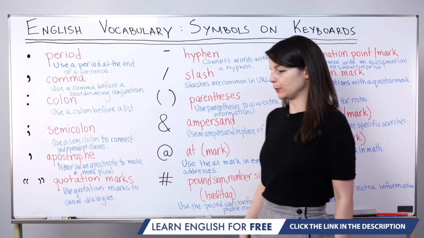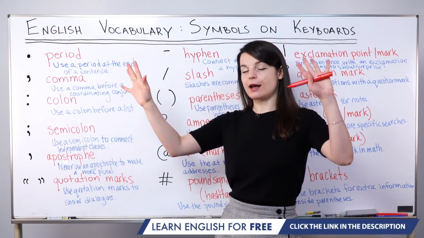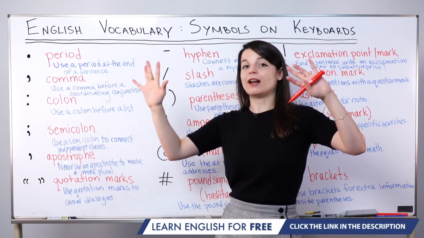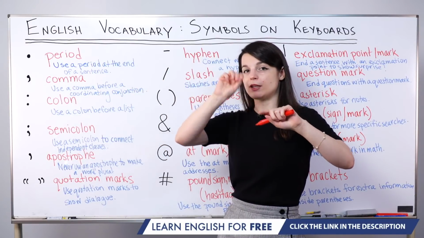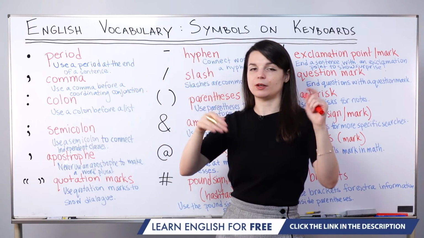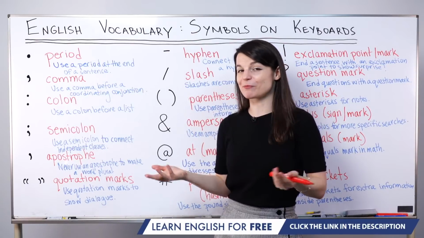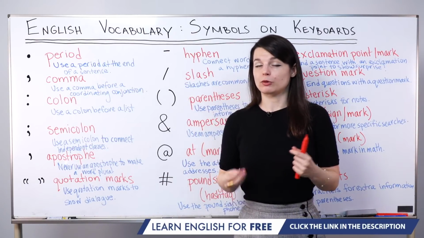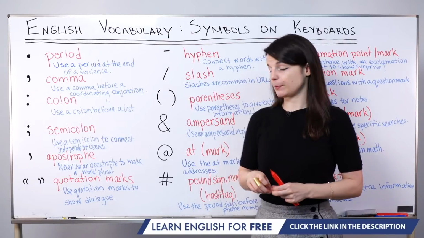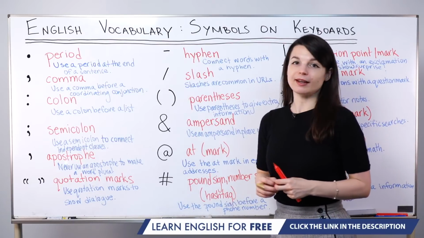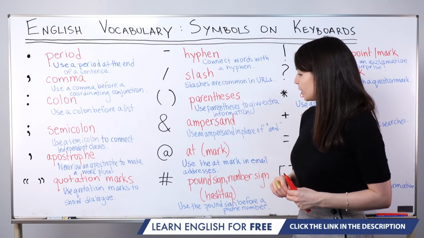So for example, company A and company B, instead of writing and in the middle, they might use an ampersand. This is up to the company or the person's choice, or sometimes it's just to save space. But this is called an ampersand. Okay, onward to the next mark.